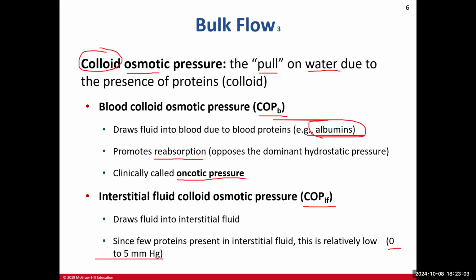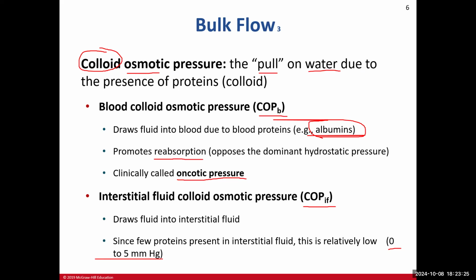I shouldn't say any, but you should definitely have significantly less protein in the interstitial fluid. Why? Because it all should be in the blood. So if there's hardly any proteins out there, they can't exert that osmotic pull and they won't be drawing water from the blood vessel into the tissue.